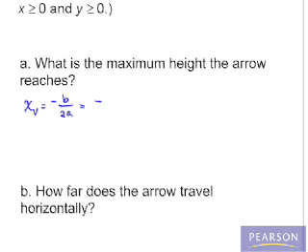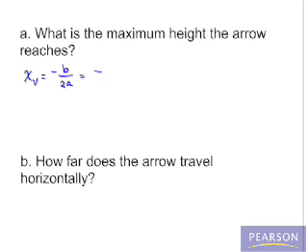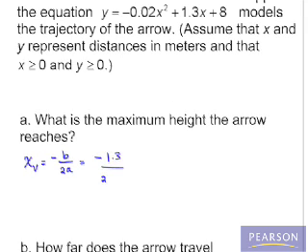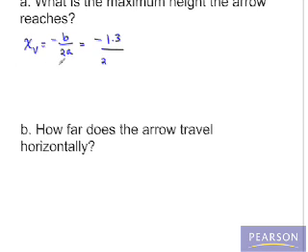So we'll have negative b, b is 1.3, over 2 times a, a is negative 0.02. When we take negative 1.3, divide that by 2 times negative 0.02, we get 32.5.